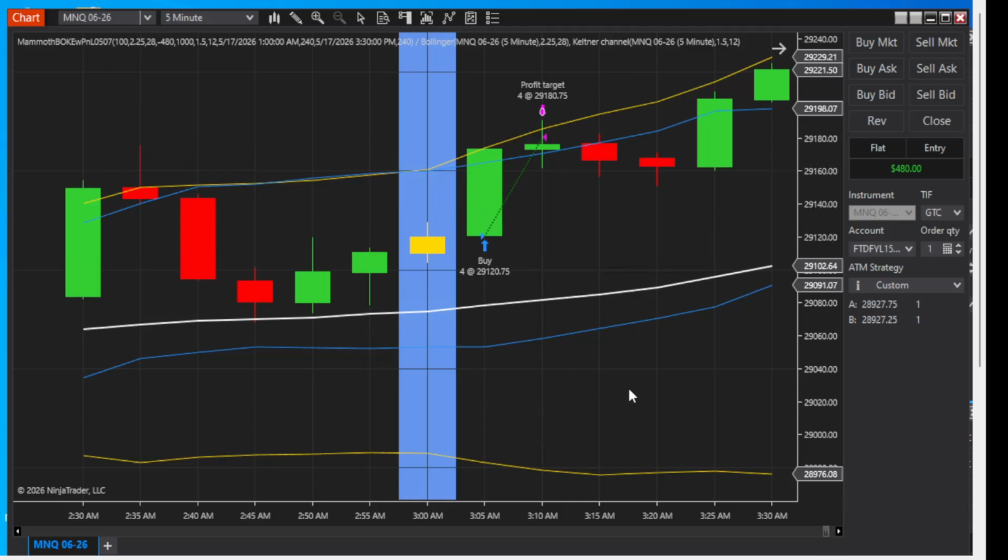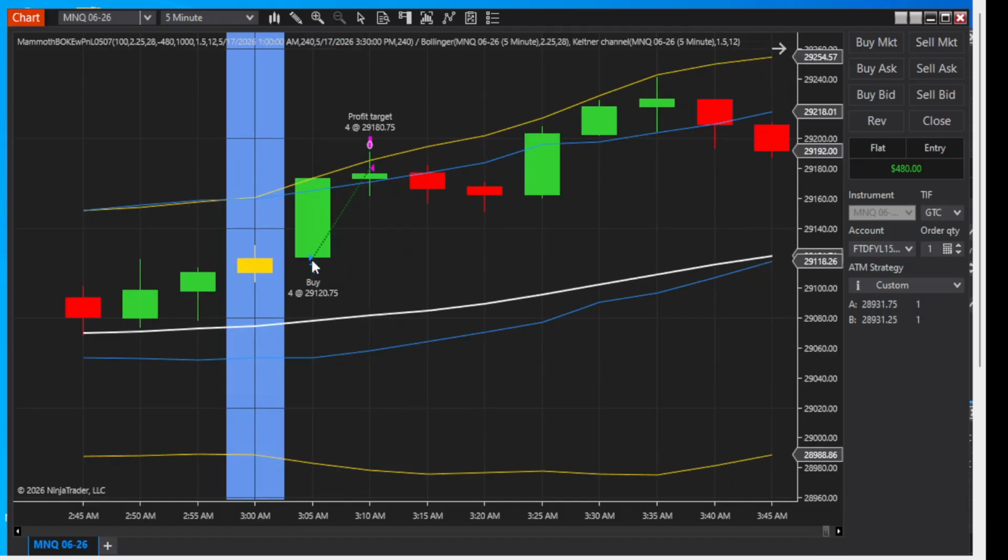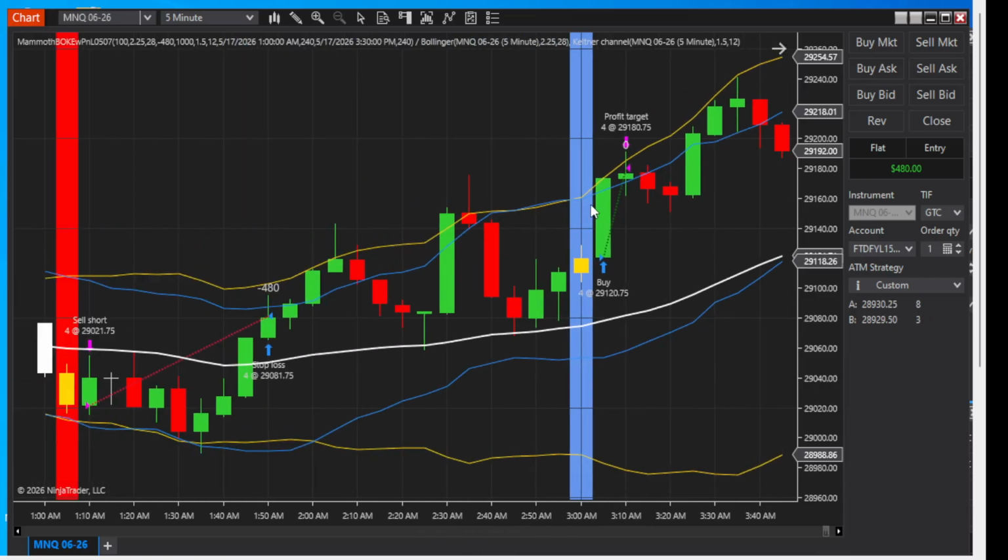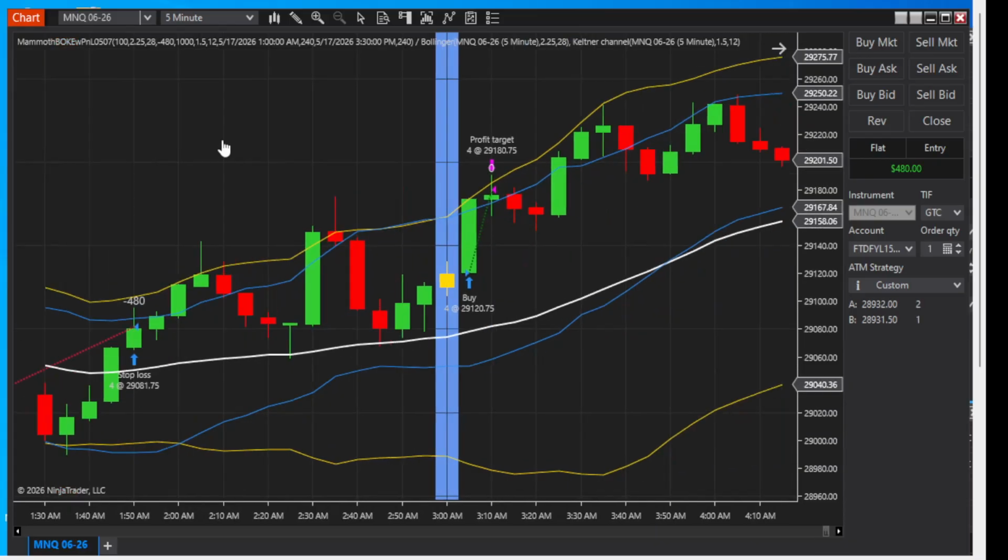And that's what happened. The bar went up, and after 5 minutes it hit the target at 240 ticks. So two trades happened today, and the risk and reward is 1 to 1. So basically, after two trades, it breaks even.